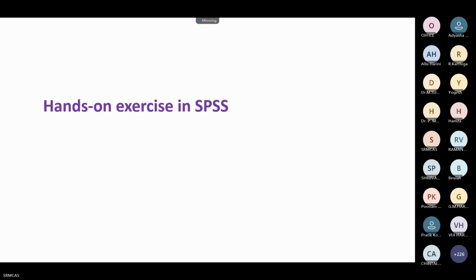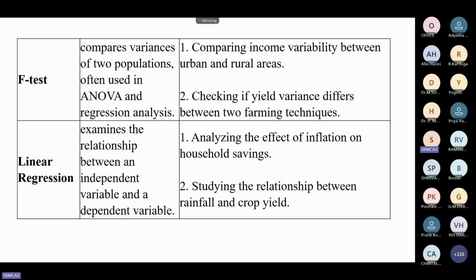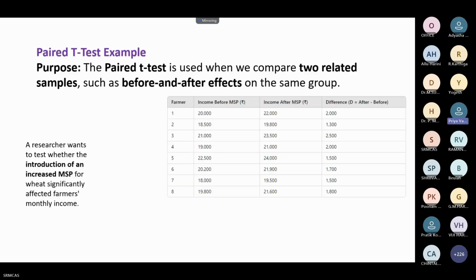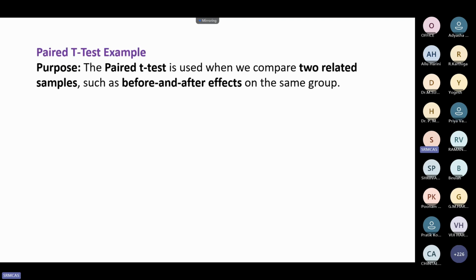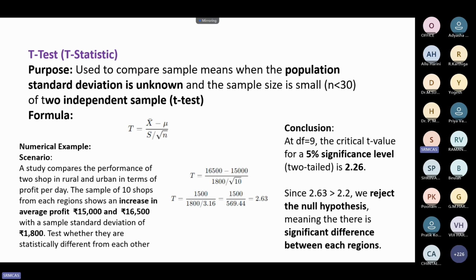Quickly. Sir, where does the value 1.96 come from? Which one? The Z value 1.96, what is that value? That is the table value. I have told you that we have to look at the table value and the estimated value. Here we have the estimated value.